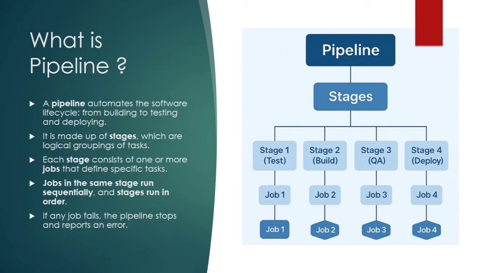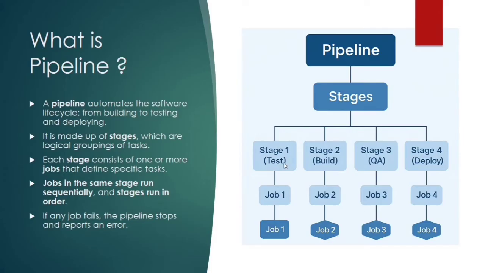A stage can include one or more jobs, and jobs within a stage run sequentially. Let's understand this with a very small diagram which is there on the right hand side. So you can see we have a pipeline here. The pipeline has multiple stages: stage 1, stage 2, stage 3, stage 4.